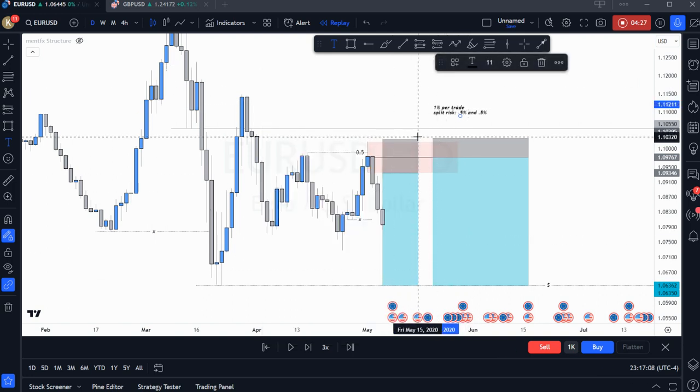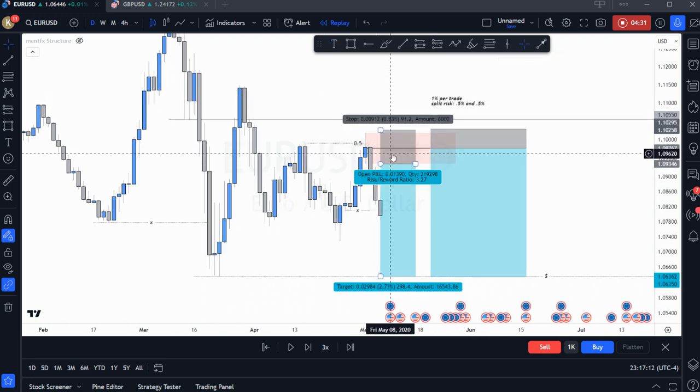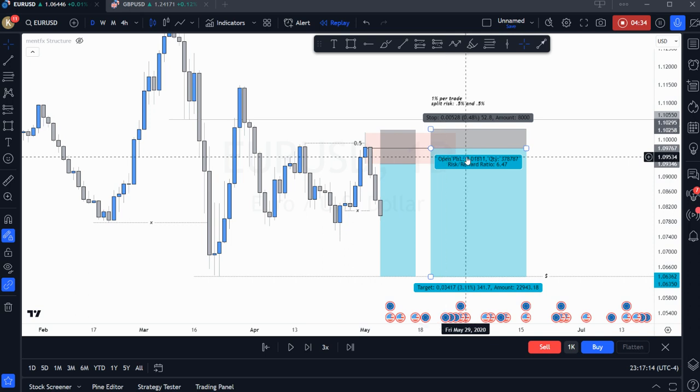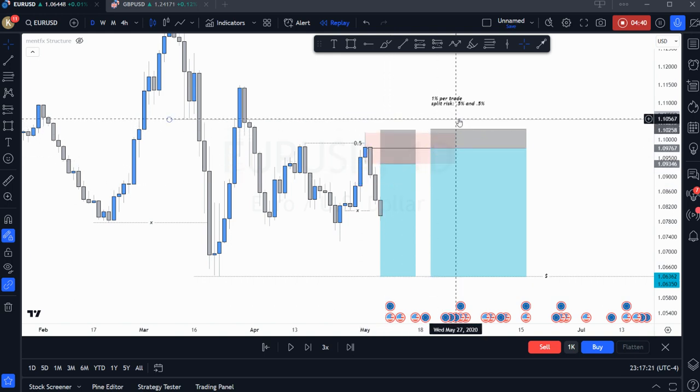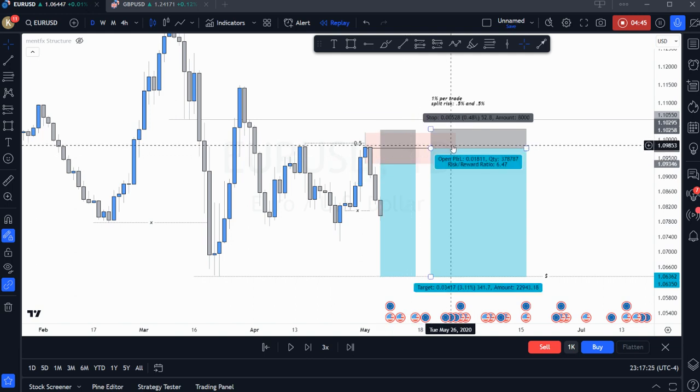So if both get stopped out, you lose 1%, which is the original risk anyways. If both get tagged in, you get some nice RRs out of both of them. If only one gets tapped in, which is this one, then you understand we only get the 1 to 3 off the 0.5%, which is just 1.5%.